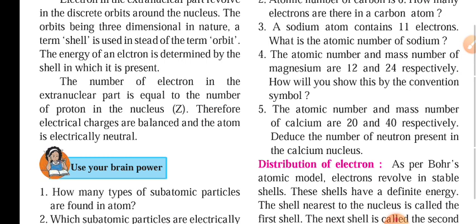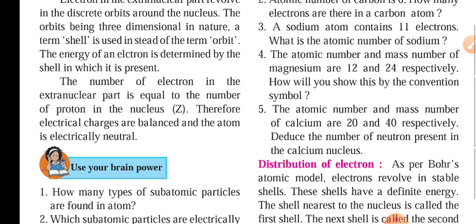The number of electrons in the extranuclear part is equal to the number of protons in the nucleus. Therefore, electrical charges are balanced and the atom is electrically neutral. Now, the explanation for why atoms are electrically neutral is a simple concept: the number of protons and the number of electrons are equal in an atom.